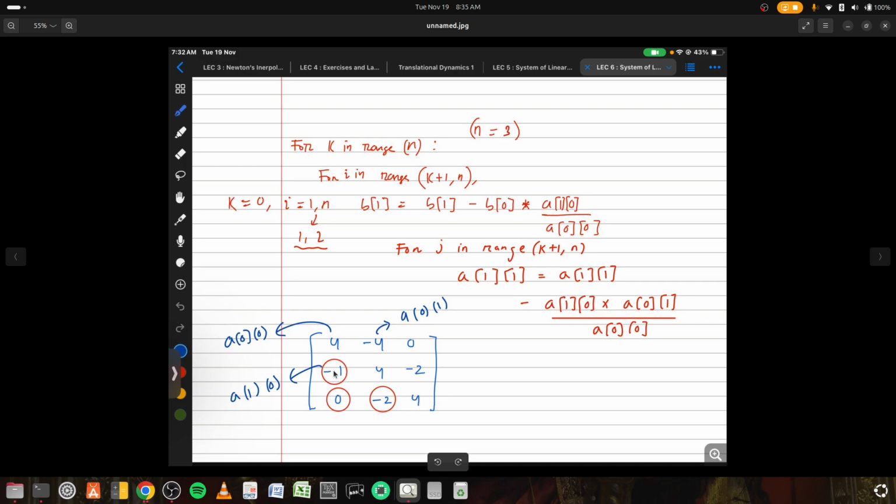When we start the loop, we do not first update A10. We update A11, then this one, and in the next loop this one. We ignore all these, and that will not be a problem. Are you getting my point?